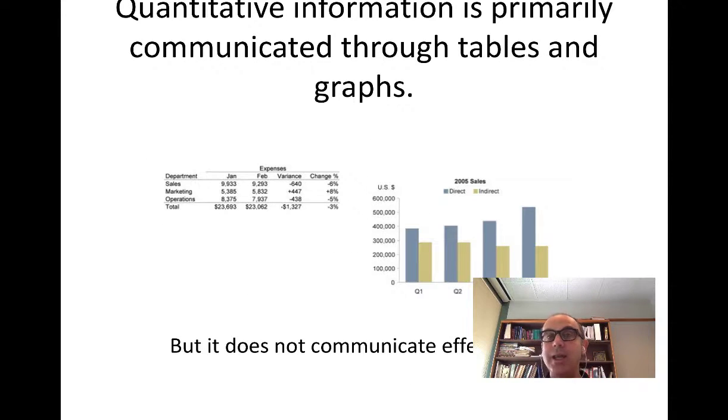Qualitative information is the idea of what we have seen in the past, or what you have probably learned in high school: building tables or creating a basic histogram or bar chart. Those are very easy to make. But do they communicate what we want to communicate?